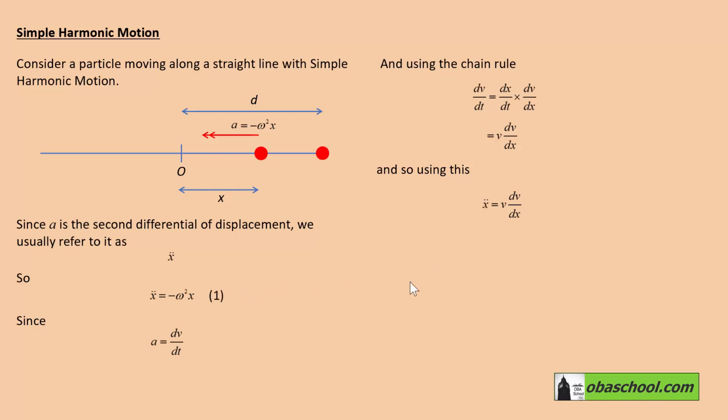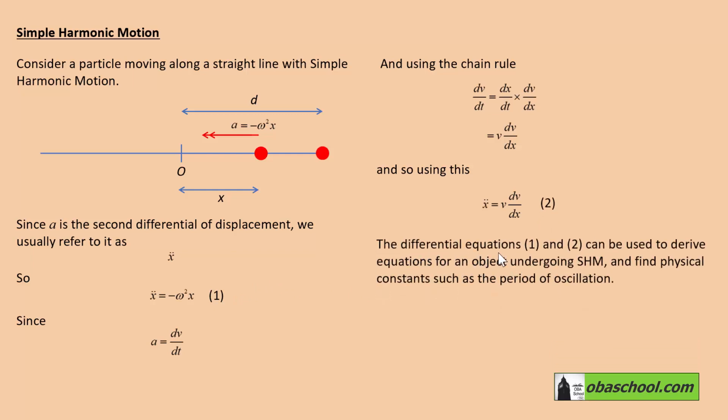Let's call this one equation 1 and this one equation 2. The differential equations 1 and 2 can be used to derive equations for an object undergoing SHM and find physical constants such as the period of oscillation. And we'll look at all of this in some examples to follow.